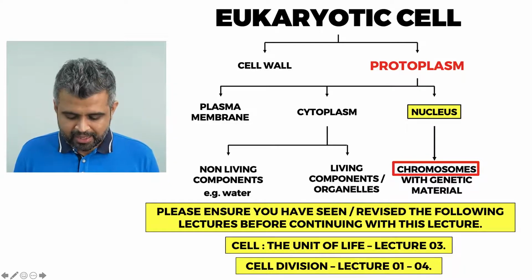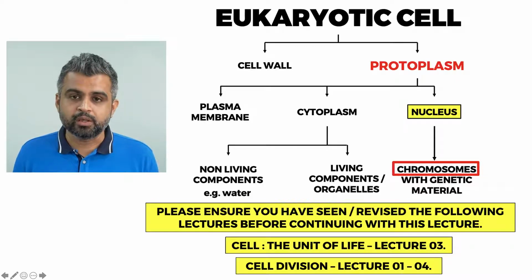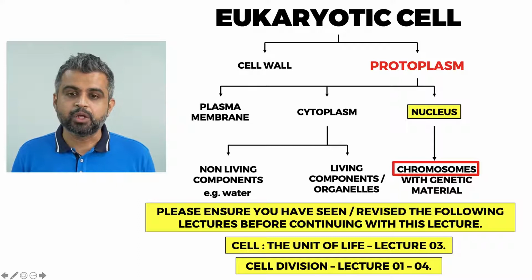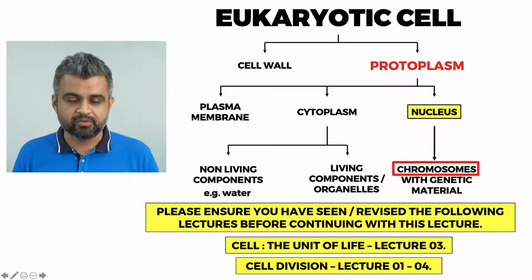And please have a look at lecture number 1 to 4 from cell division. So this is what I would like you to do before you see this lecture. So please go through lecture number 3 and 4 of the chapter called cell and lecture number 1 to 4 of the chapter called cell division.